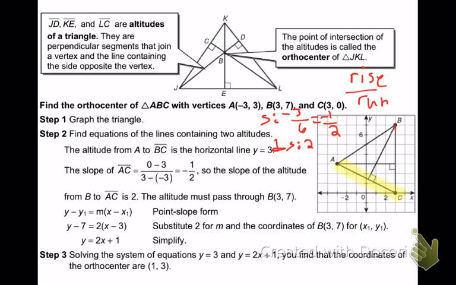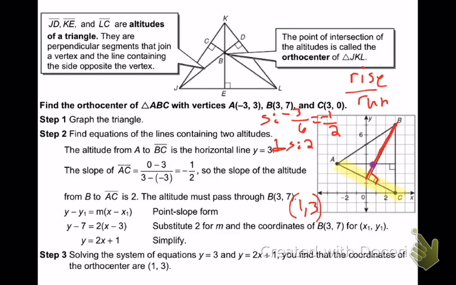So from B I'm going to go down 2, left 1, down 2, left 1, down 2, left 1, until I get to that line and I draw in the altitude to that side. And then I'm looking for that point of intersection. The intersection is located right there, which is the coordinate (1, 3).